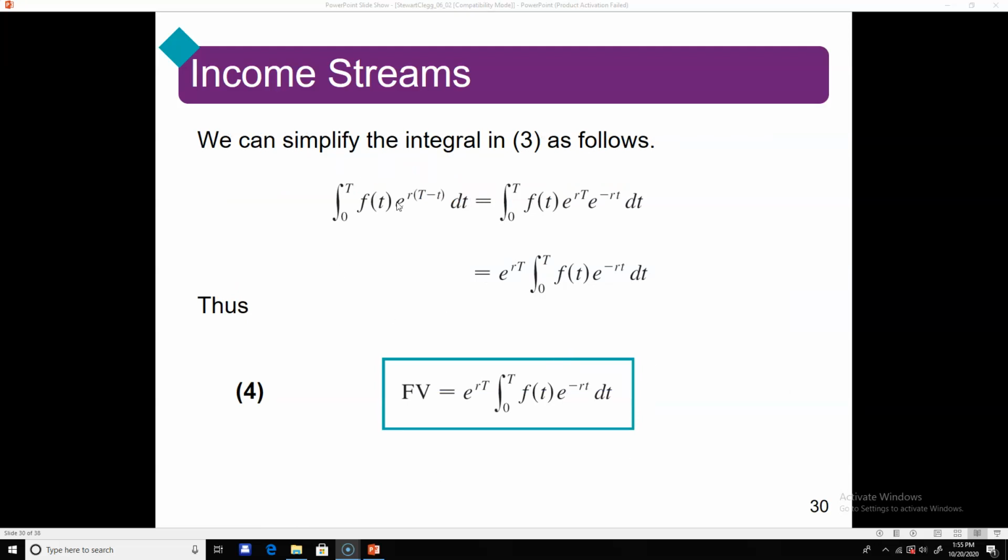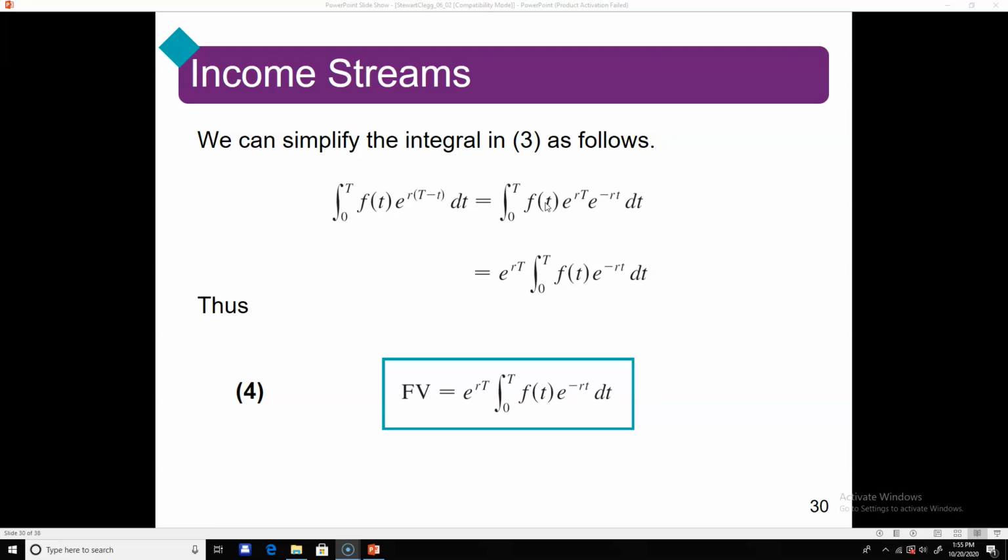You can see above they applied some algebra to demonstrate that these two formulas, 3 and 4, are actually equal. They just distributed the r in the exponent, and then they used exponent rules to write that as e to the r times capital T times e to the negative lowercase r times t.